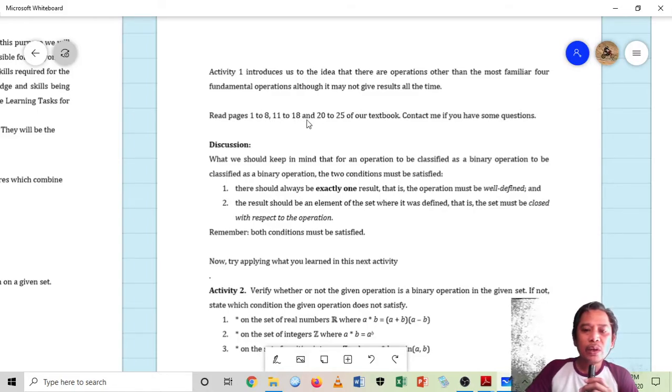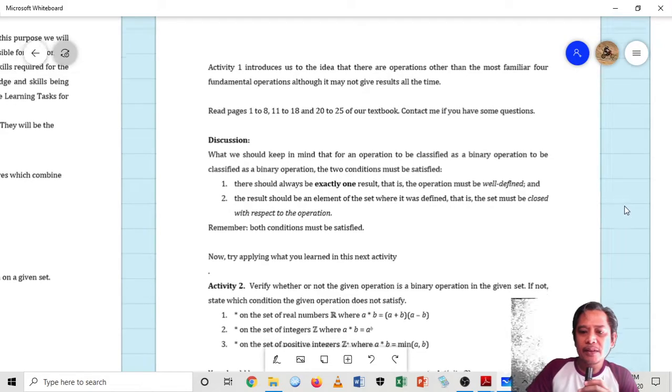And pages 11 to 18 are actually just a review of advanced algebra: the algebra of matrices, algebra of complex numbers, Euler's formula, the application of trigonometry in complex numbers, and so on. You'll just have to review all of those and recall your discussion in advanced algebra. But you can still ask me through our group chat. For now, we shall just focus on what is required to finish this learning packet.